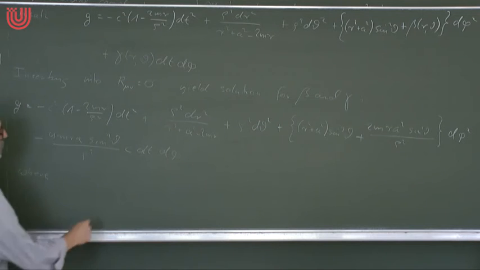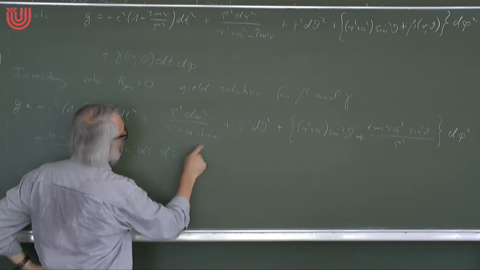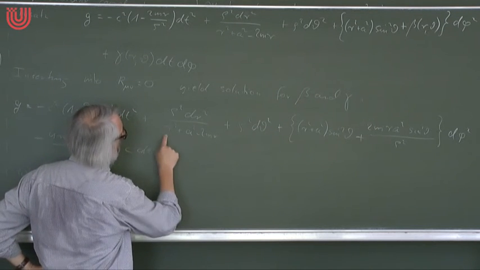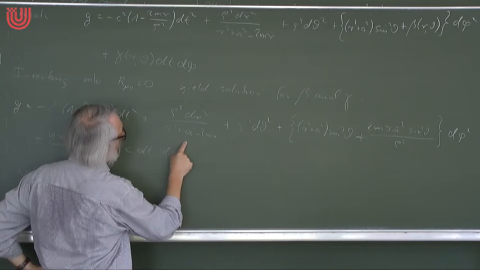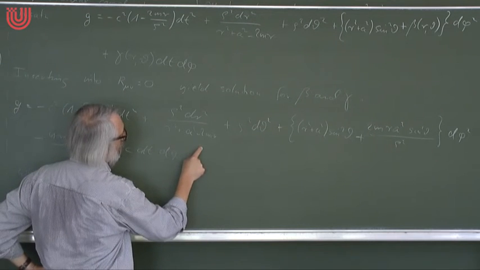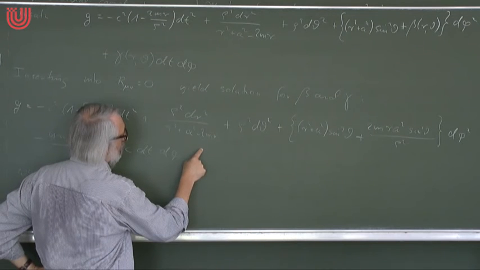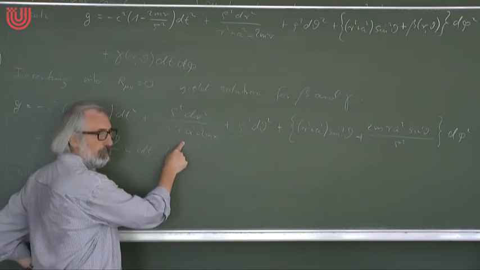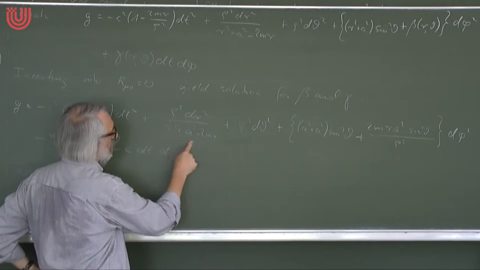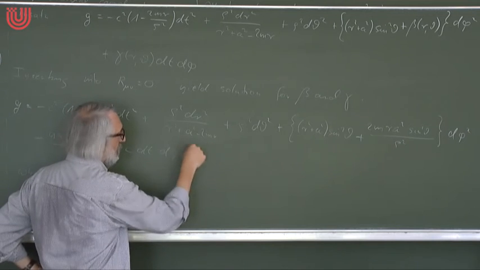Look at this term here: if you divide this by r squared, we have 1 plus a squared over r squared minus 2m over r. So the term with the 2m falls off slower than the terms with the a. The a falls off with r squared, this only with r, so this is the dominating term.